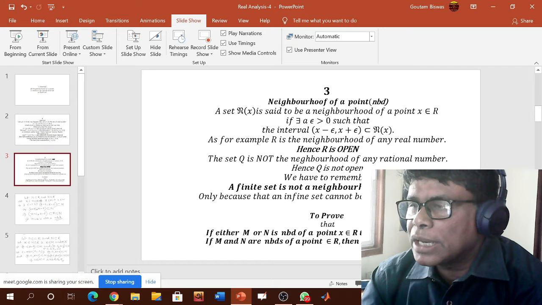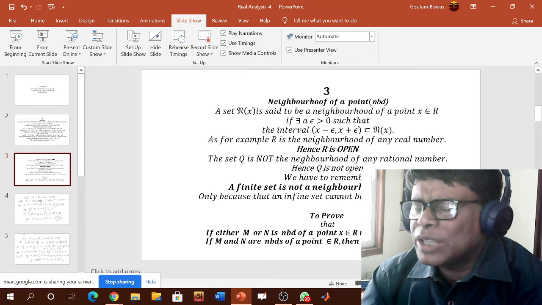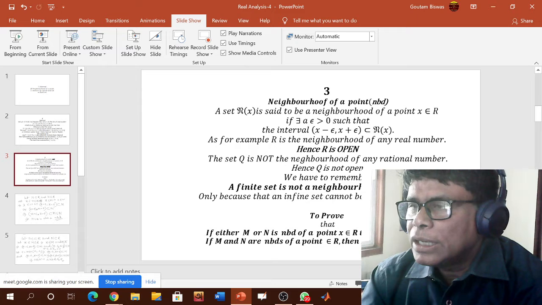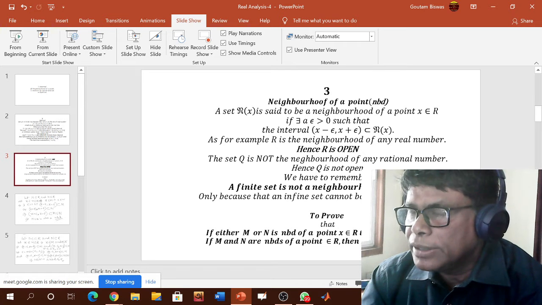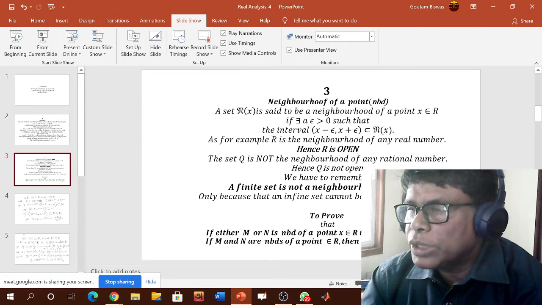So epsilon is a real number. It may be a very small quantity, it may be any real number, but it must be positive. Such that the interval x minus epsilon to x plus epsilon must lie wholly, completely within the neighborhood of x.